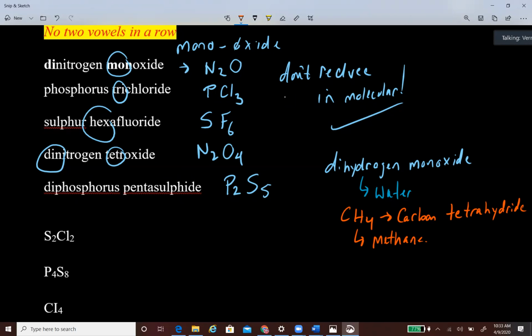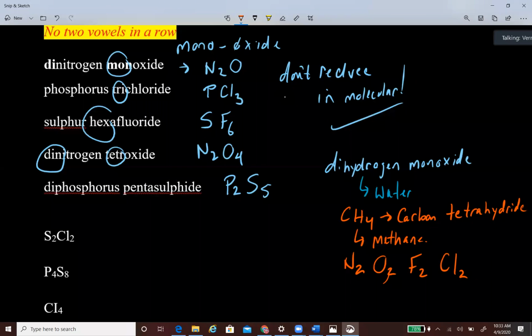Some of the elements on the periodic table are diatomic. So, for example, N actually exists as N2. O exists as O2. F exists as F2. So you wouldn't say dinitrogen, dioxygen, or difluorine.